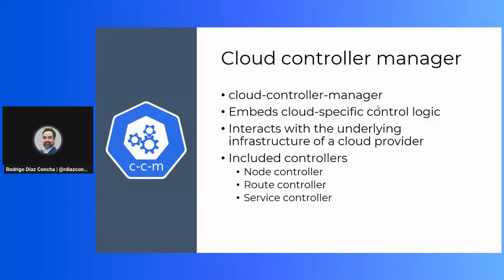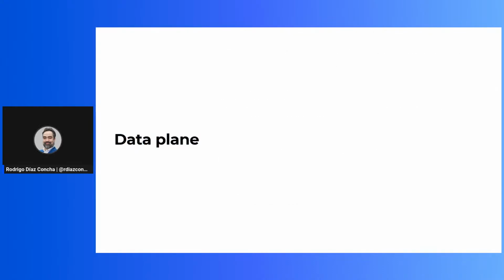So, for instance, if you want to deploy a service of type load balancer in the cloud, then Kubernetes is going to use the Cloud Controller Manager for deploying the load balancer in your cloud account. This is not something that you use if you're executing Kubernetes locally. For instance, if I'm using Minikube, I don't have a Cloud Controller Manager running in this particular installation.